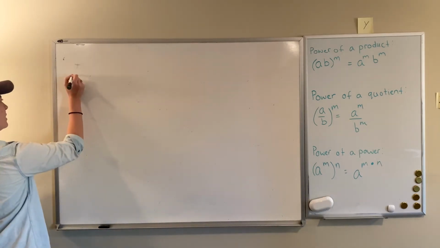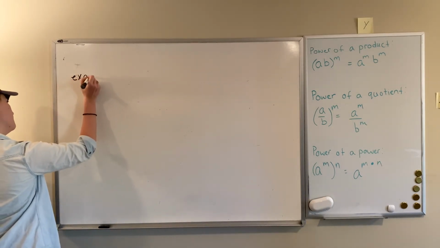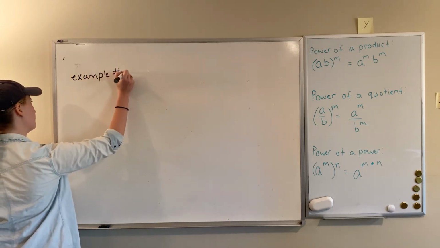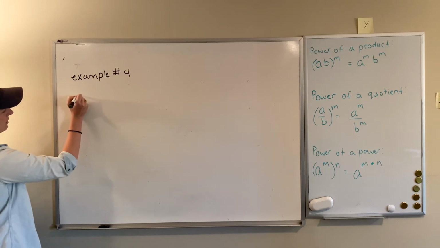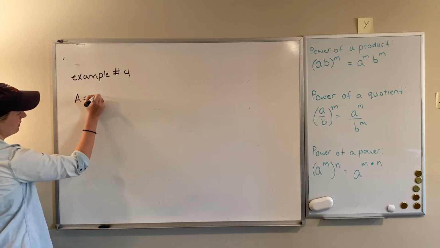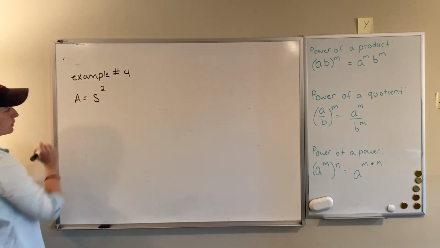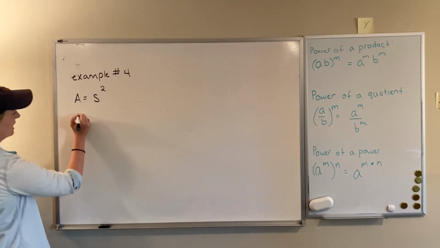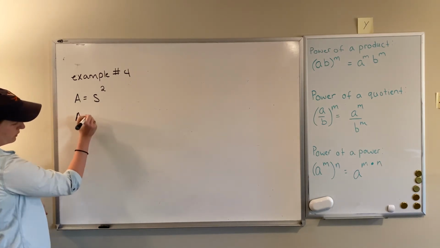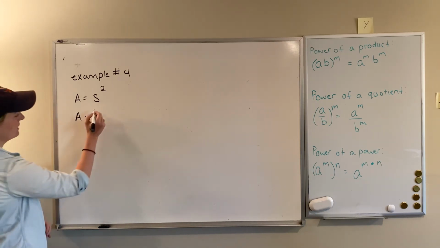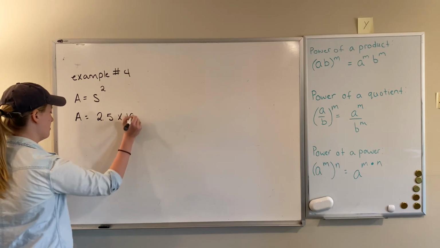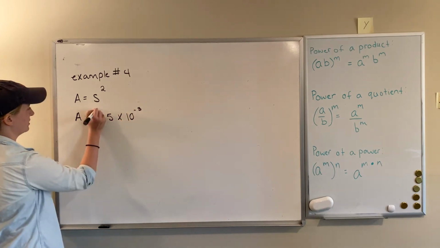So example 4. We have area is equal to a side squared. They told us the side of this particular tiny book is equal to 2.5 times 10 to the negative 3rd, and we're told to find the area.